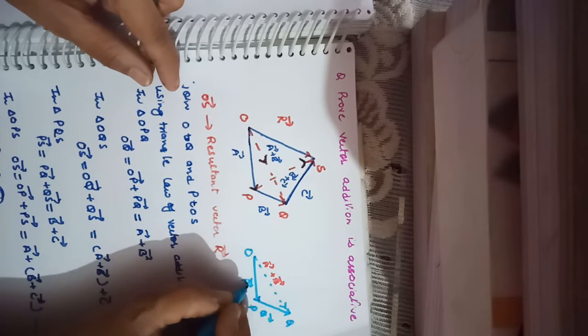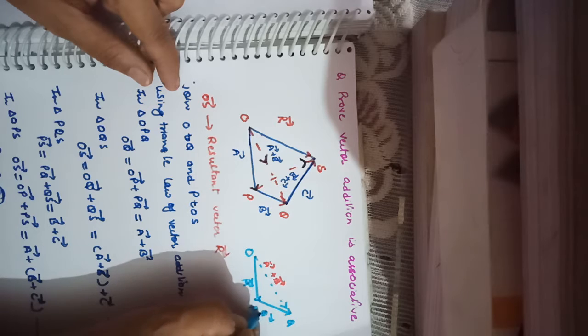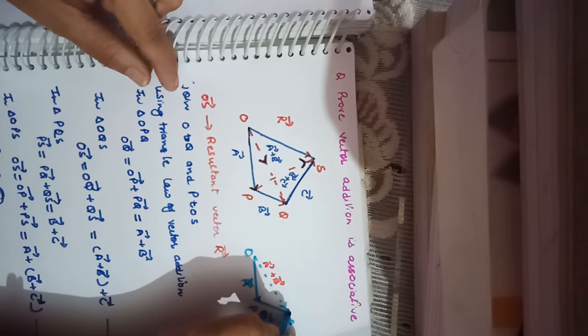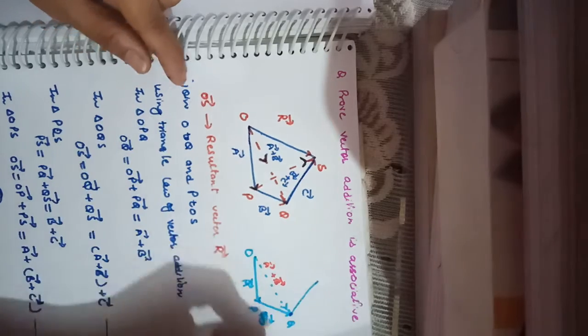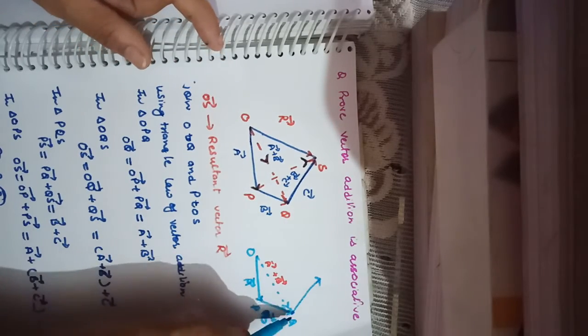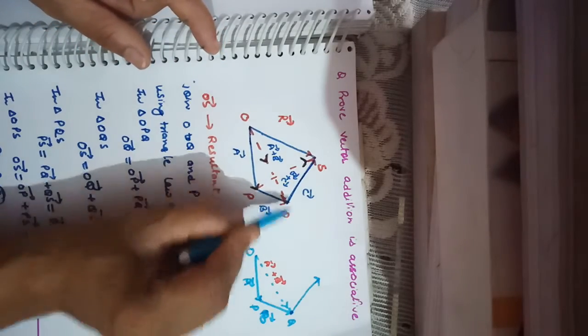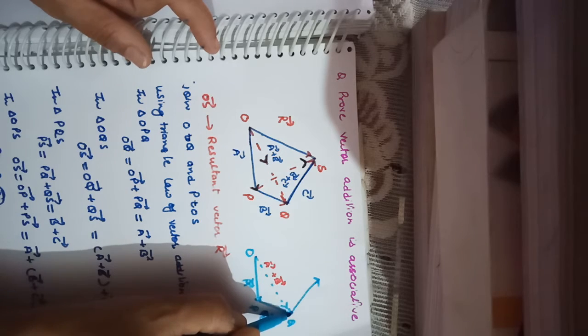So in this way, what you are going to do? Place the tail of the C vector on the head of Q vector like this. Okay, so see, this is the tail of the C vector on the head of the Q vector.